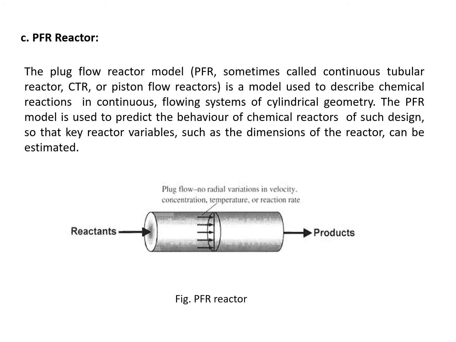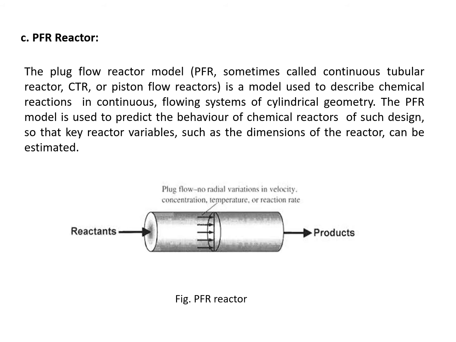You will see the reactant is fed from the left of the cylindrical corner, and in the middle of this PFR reactor there is plug flow, with no radial variation in velocity, concentration, temperature, and reaction rate.